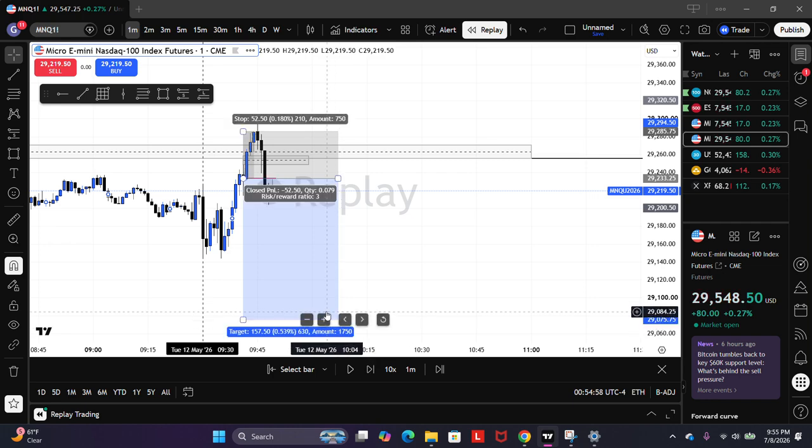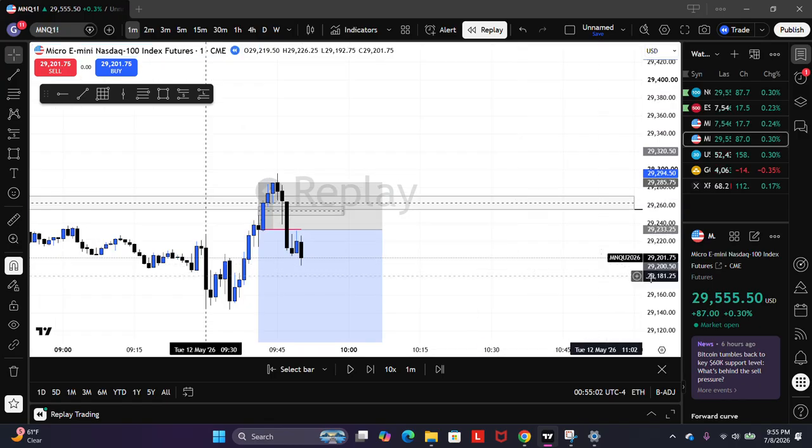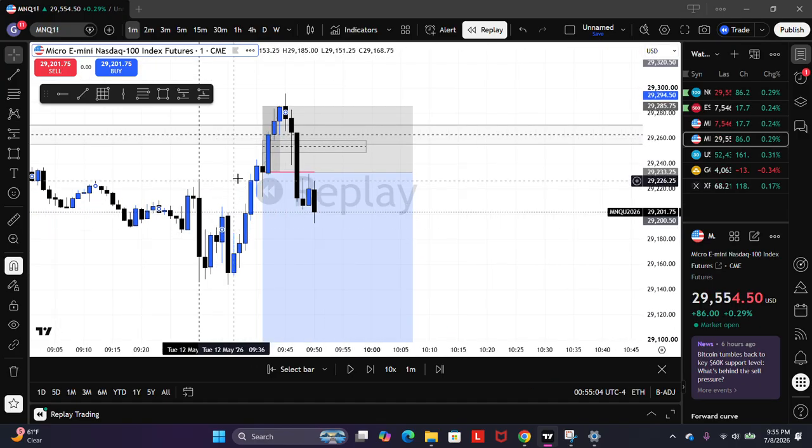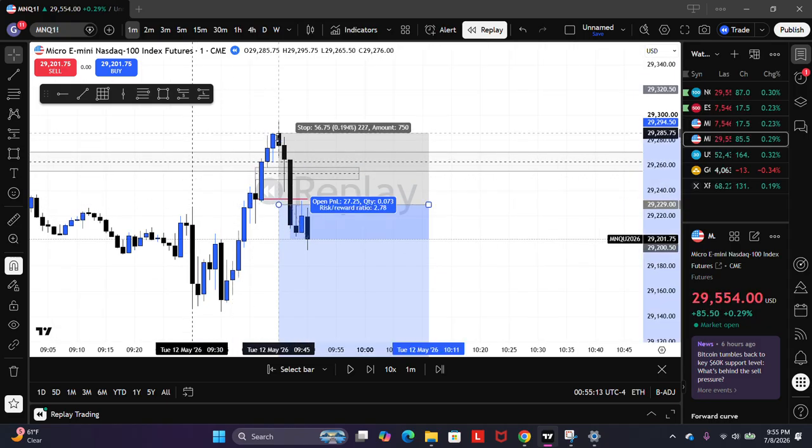Now, the thing with this is we don't have any kind of retracement. And one thing to notice is that we have a fair value gap that was formed before we retrace, so I'm going to enter on the fair value gap instead.